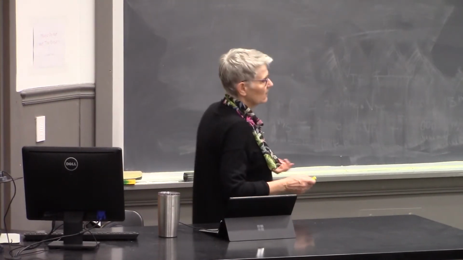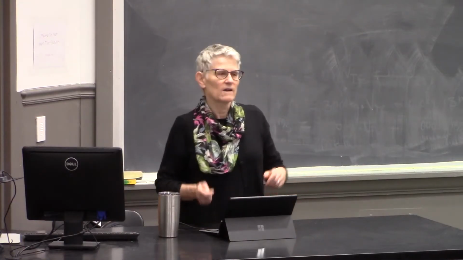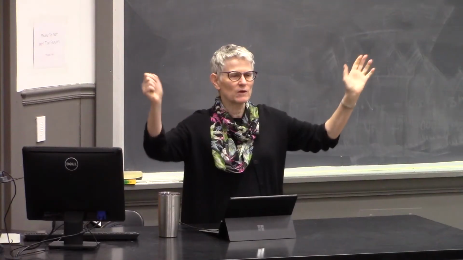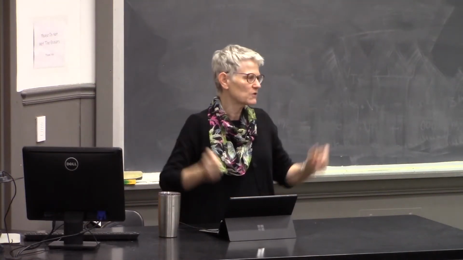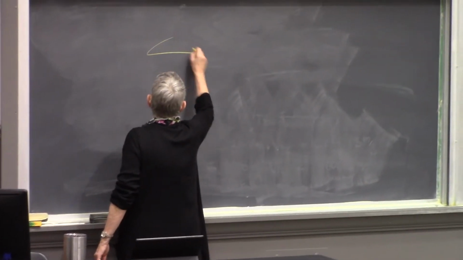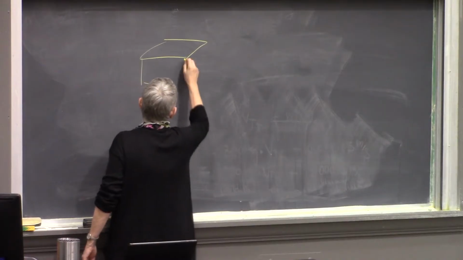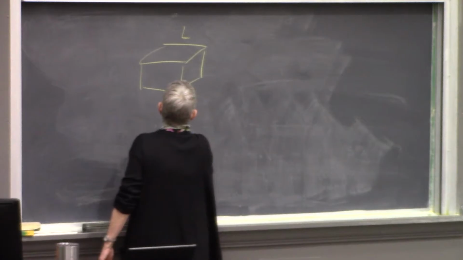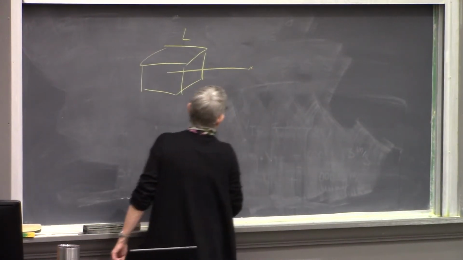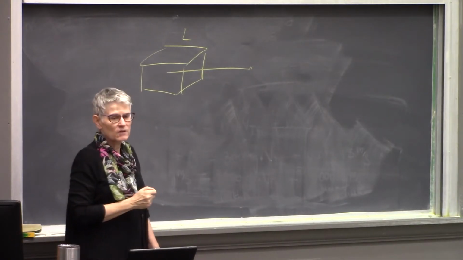Okay, suppose you were calculating the electric field of a plastic cube that had been uniformly charged, rubbed with wool or something, or a glass cube that had been rubbed by silk. And the side of the cube is length L. You're at some location x from the center of the cube.